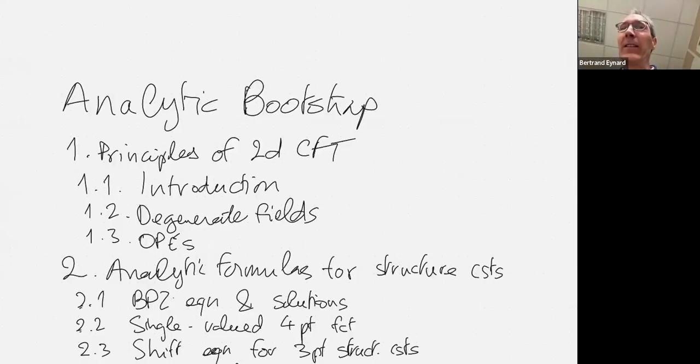So the plan is to start with principles of 2-dimensional CFT. And I think you know already quite a few of these principles, including what are degenerate fields and what are operator product expansions, OPEs. But here I will review them in the perspective of actually exactly solving the CFTs.